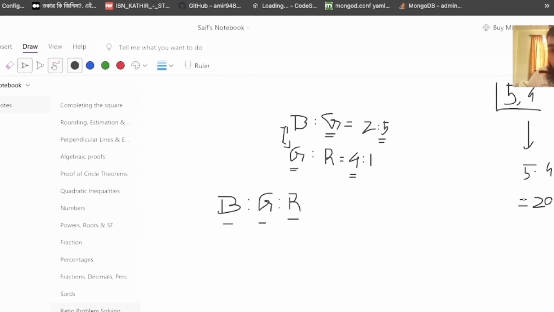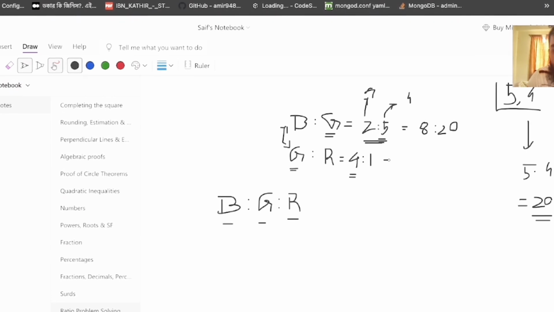In order to make 20, we have to multiply both of them by 4, because 5 multiplied by 4 is 20. So we multiply 2 with 4 as well. 2 multiplied by 4 gives 8, and 5 multiplied by 4 gives 20.